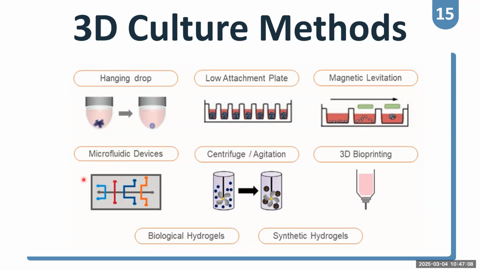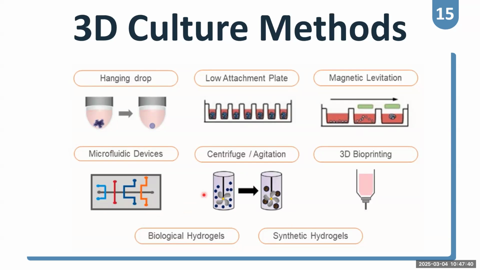For example, you can put liver cells here, fibroblasts here, brain cells in different lines, but they share the same media in the central line. It means you can study individual cell lines under the same culture condition. From now on, this microfluidic is quite popular for studying 3D cell culture.